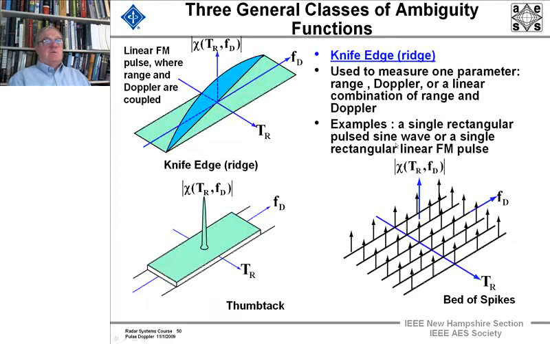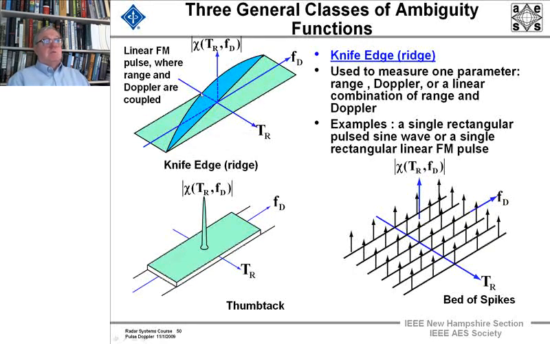There are two examples: a single linear pulsed sine wave, which I'll show you later, or in 2 dimensions, a single rectangular linear FM pulse, which is right here. And you see here that it's showing you the coupling between your time measurement or range measurement and your Doppler measurement.